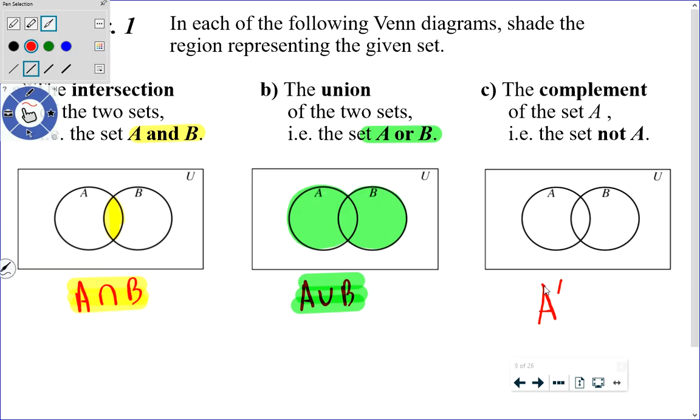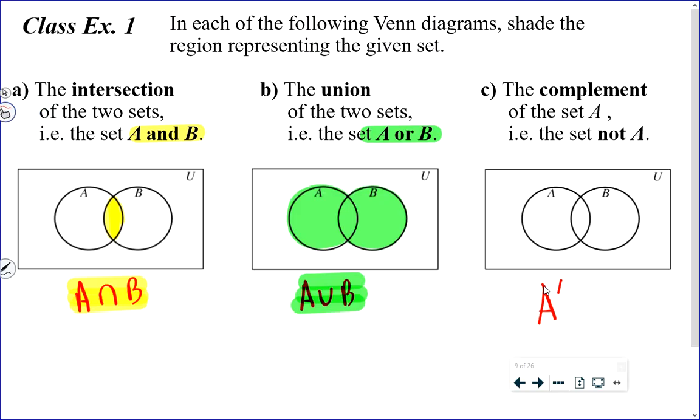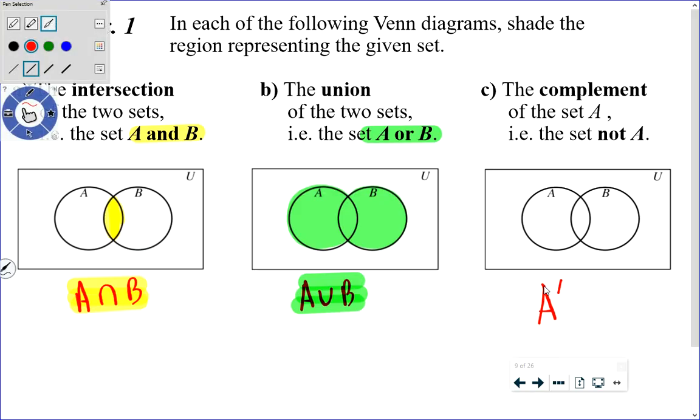Now, what does that mean? So don't shade anything yet. And by the way, when you're shading it, you don't need a highlighter, but you can just shade it in with a pencil lightly. If I were to look at what is A, is this. And what is that telling me?